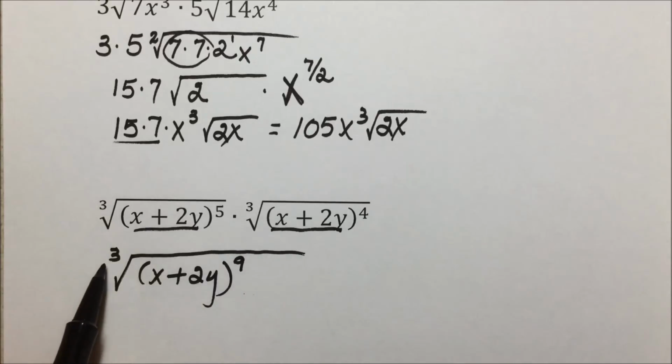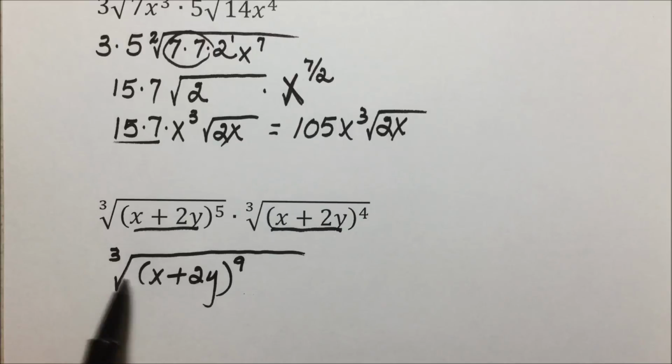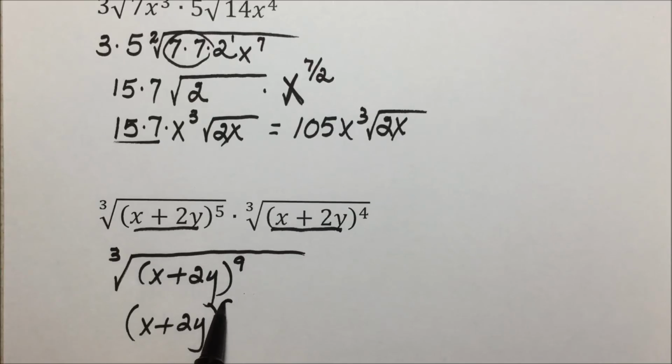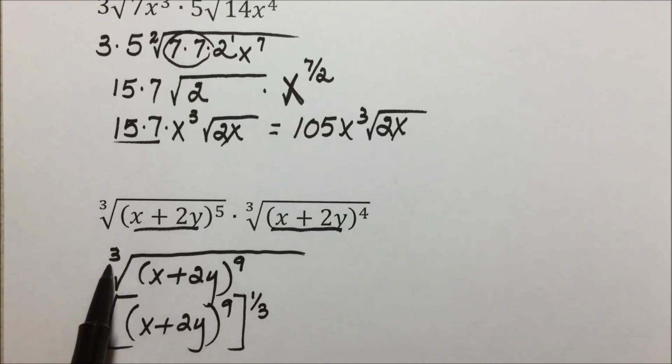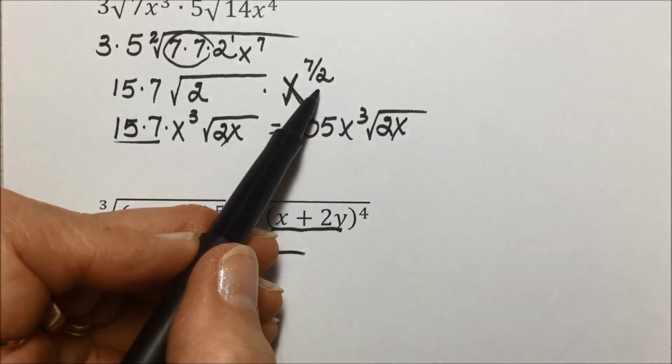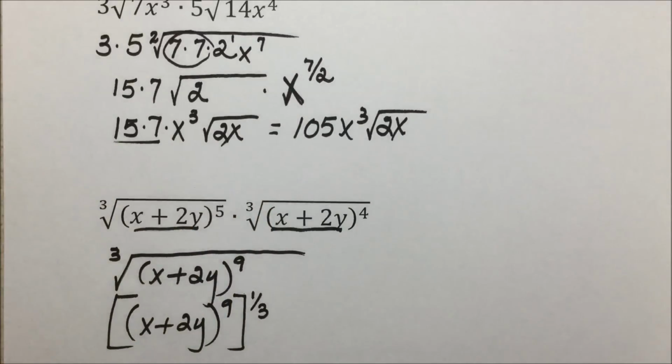If we translate from radical form to exponential form to help you see this, and again, you may be at the point you can do this mentally, this would be the binomial to the 9th power raised to the 1/3 power. Because of the radical, the index becomes the denominator of our exponential power, similar to what I translated up here, an equivalent value.